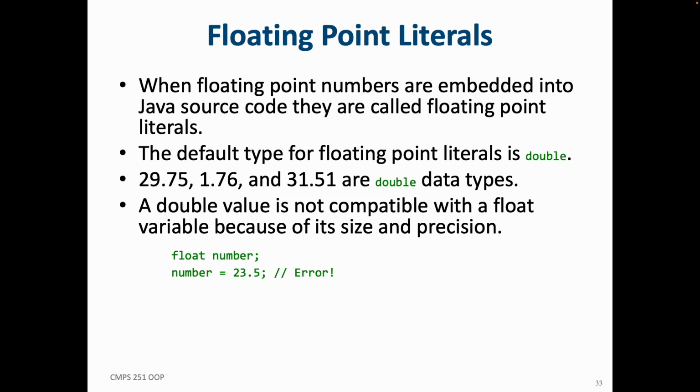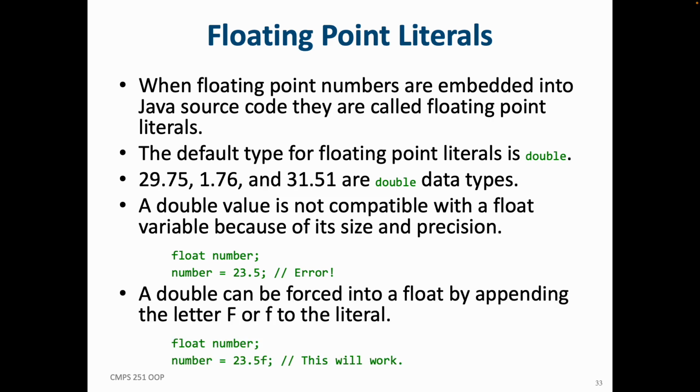It will say you cannot do it. It sounds weird. Why is that? Because Java thinks that this is a double number, but the variable is a float. So in order to fix this problem, we have to say that by 23.5, I actually meant a float number, so I put an F here. 23.5F, then Java says, okay, this is a float. Now your code is valid.